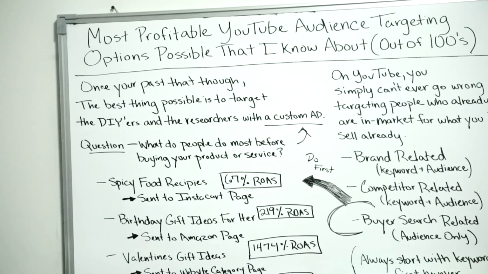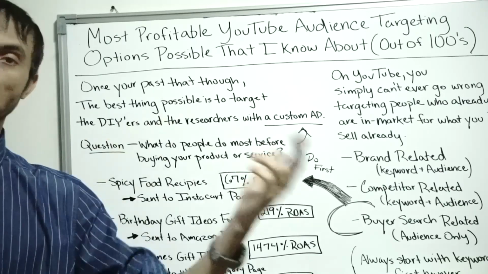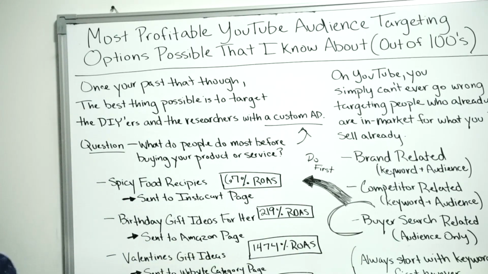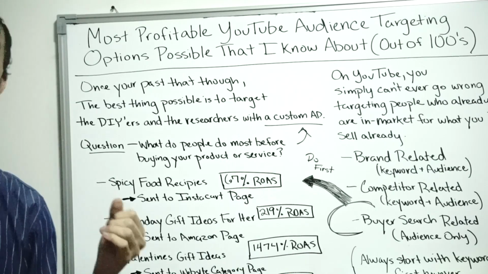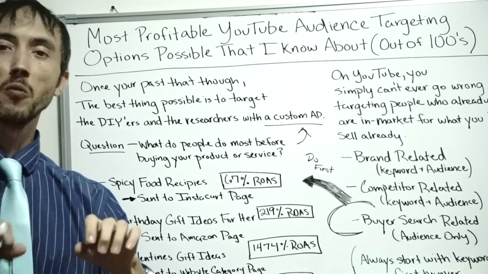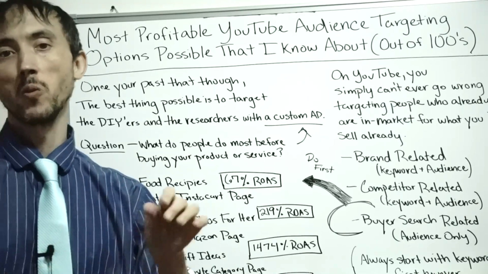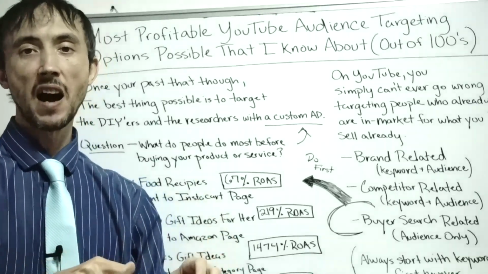We just sent people to a custom landing page that explained in more detail how the roof coating product worked if they saw the video ad, but that was pretty much all they did. We just sent it to our site and got over 1,100% return. And because there's effectively no competition on YouTube, if they know about the roof coating product, which most of them don't, they could go on YouTube and search which roof coating product to buy, and then you have competition.